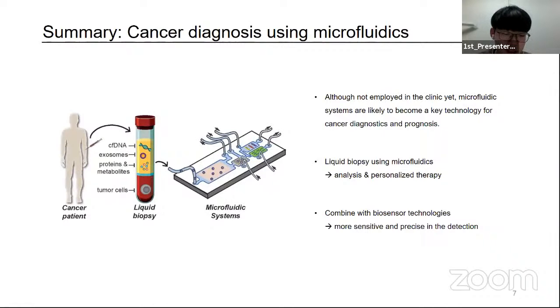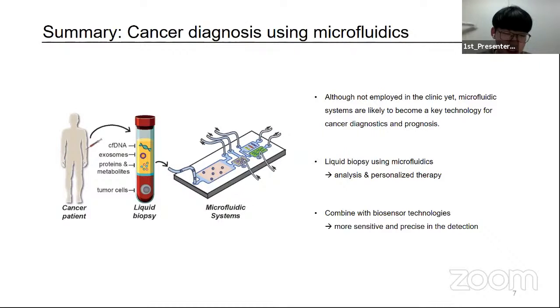Although not employed in the clinic yet, microfluidic systems are likely to become a key technology for cancer diagnostics and prognostics. Microfluidic devices have been developed for the analysis of various biomarkers, including CTC, ctDNA, exosomes, and proteins, primarily in liquid biopsy.